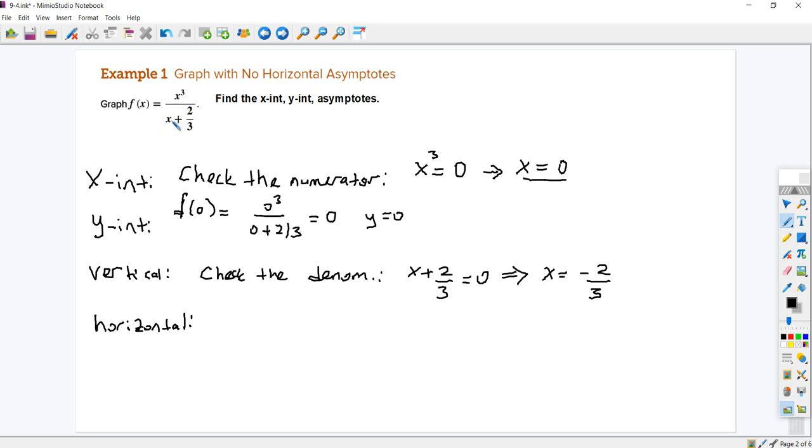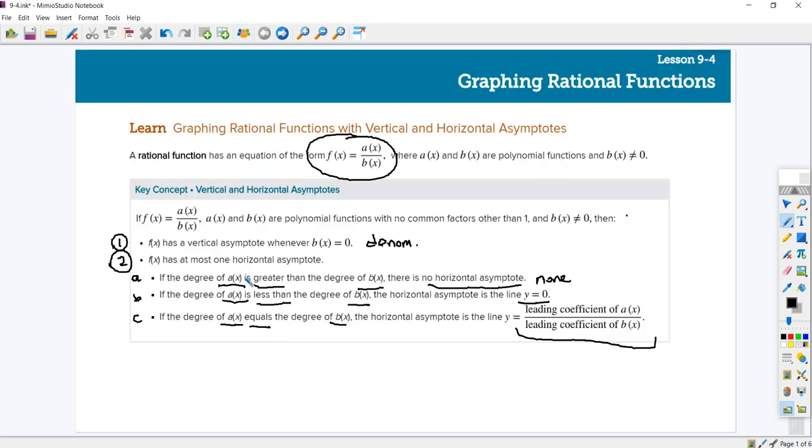Since it is 3 to 1, I can tell the horizontal asymptote will be none. Or as you can imply from the title here, no horizontal asymptote, because the degree of the numerator is more than the degree of the denominator. So in that case, we don't have any horizontal asymptote. Remember the case A. It's just this one. Okay.